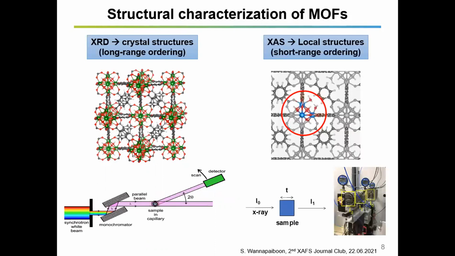This is the reason why we also apply X-ray absorption spectroscopy techniques to study the local structures, the short-range ordering of metal organic frameworks, especially at the metal node or the metal clusters. Here are some cartoons showing that we can get some defect structures within the metal clusters of the whole framework.